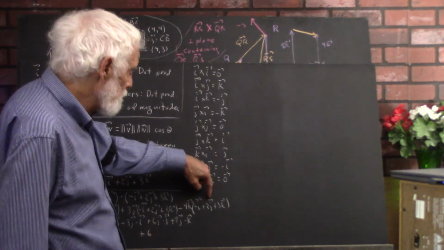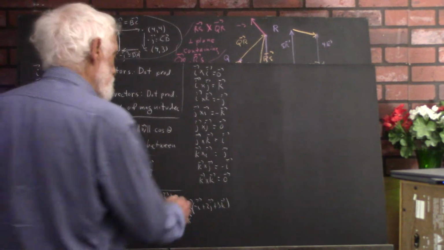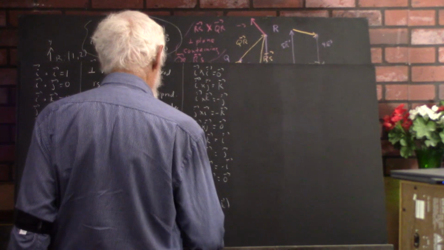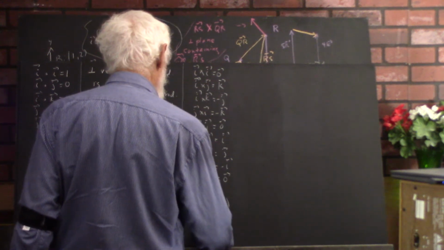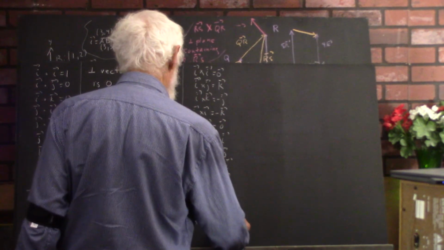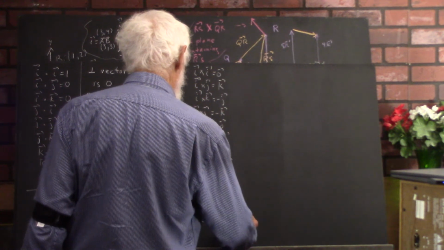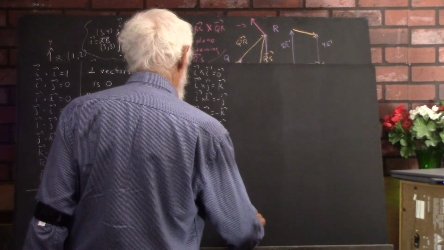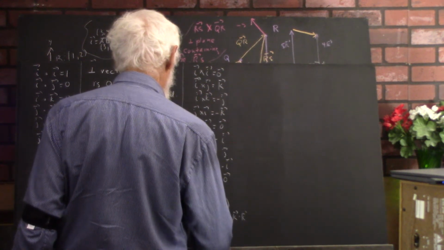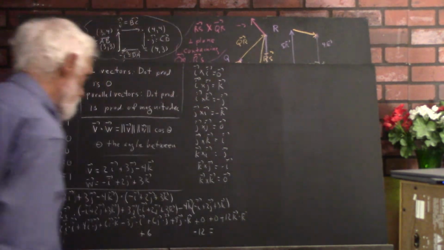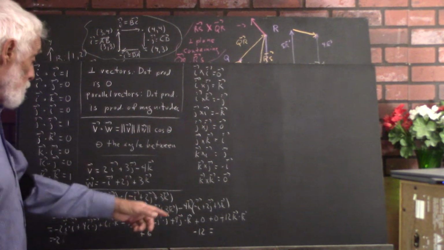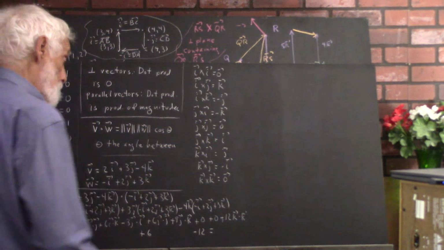K dot J is going to be 0, but K dot K is going to be 1. And we're going to then get 0 plus 0 minus 12 K dot K, so that's minus 12. Okay, and that equals negative 2 plus 6 is 4, minus 12 is negative 8.